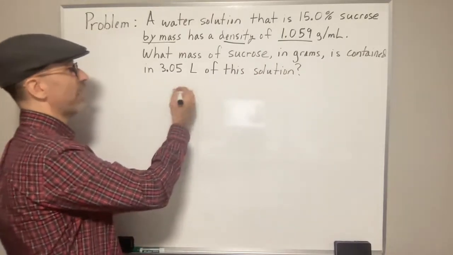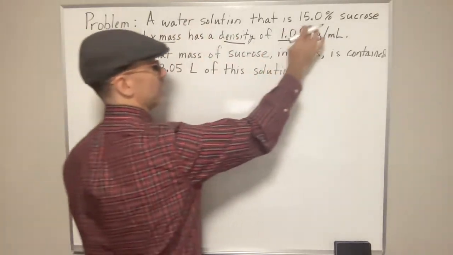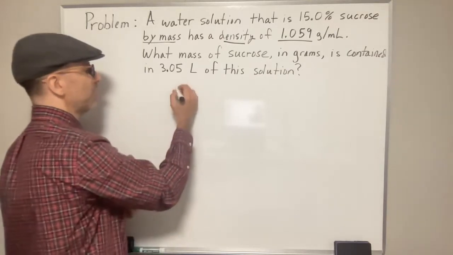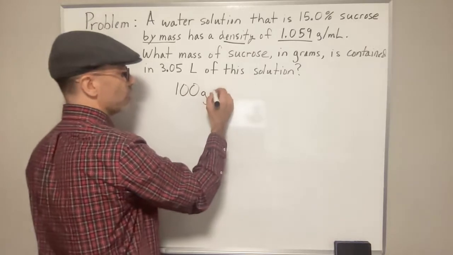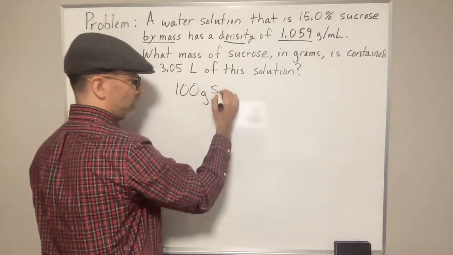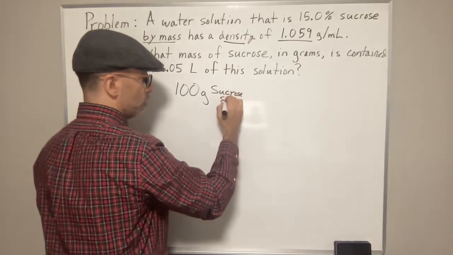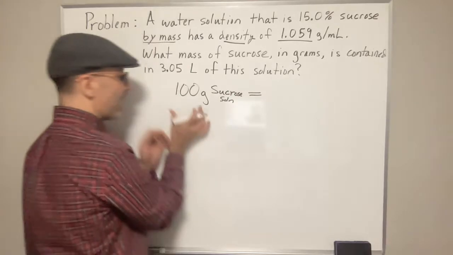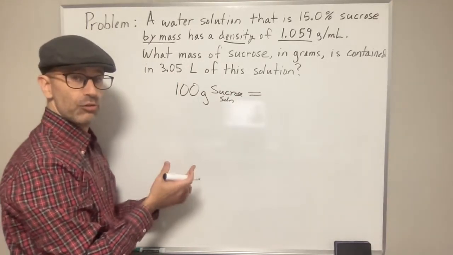So that means that if we have a water solution that is 15% sucrose by mass, that means that if we have 100 grams of our sucrose solution, I'm going to just write this as sucrose solution, then out of this 100 grams, 15% of it is sucrose.